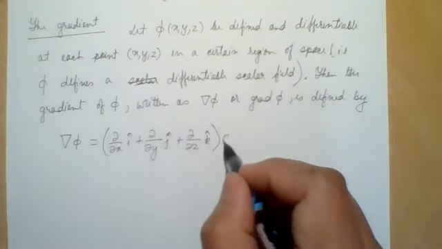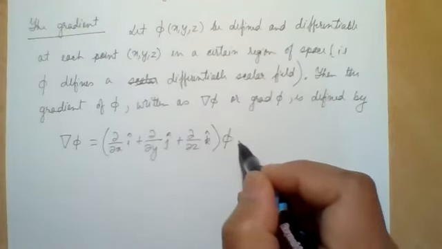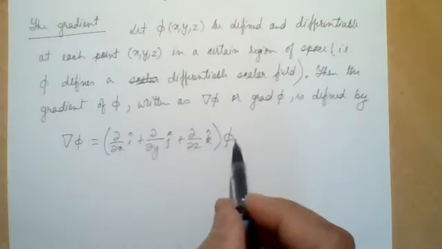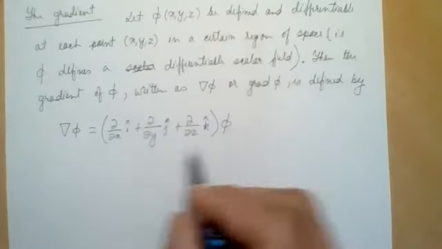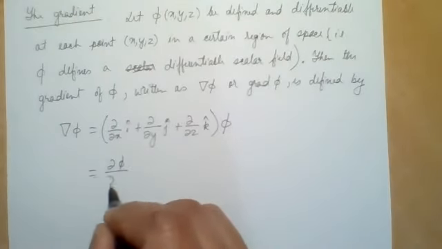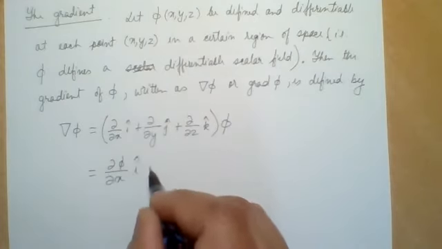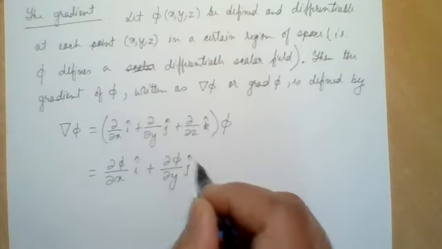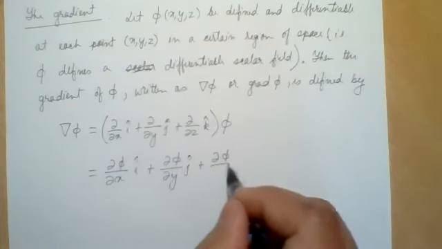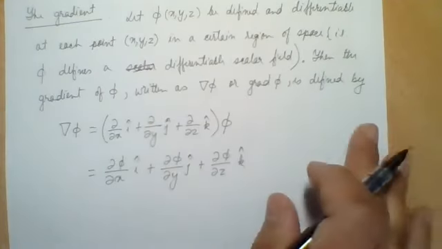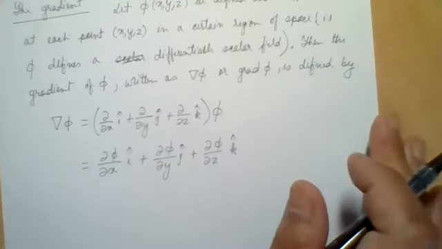This will operate on the scalar field phi. Each term will operate on phi individually. So this can also be written as del phi by del x i hat plus del phi by del y j hat plus del phi by del z k hat.